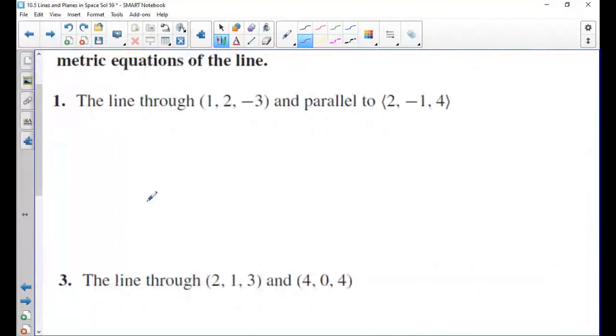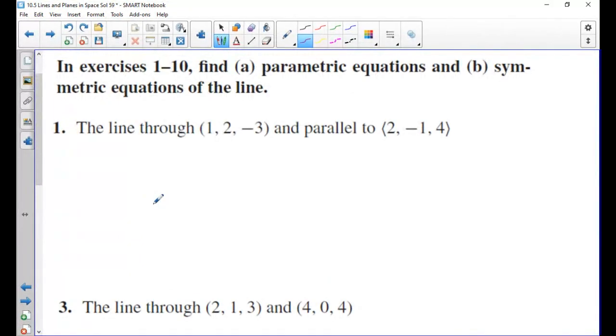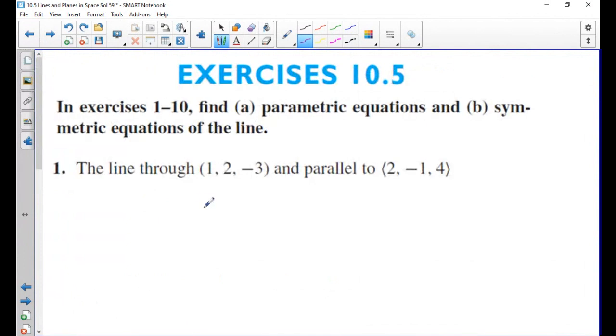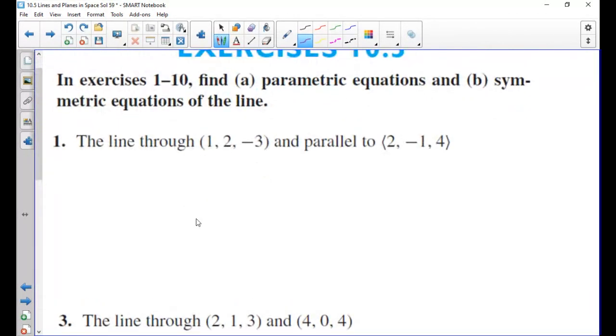Okay, now I want to practice a little bit some of these ideas. Parametric equation of this line through the point 1, 2, minus 3 and parallel to this vector.